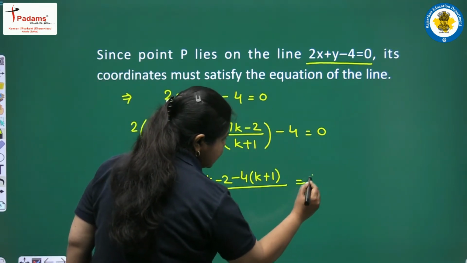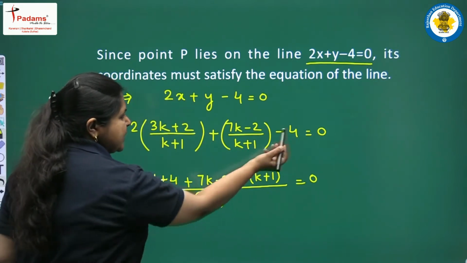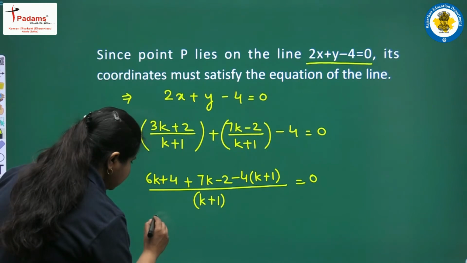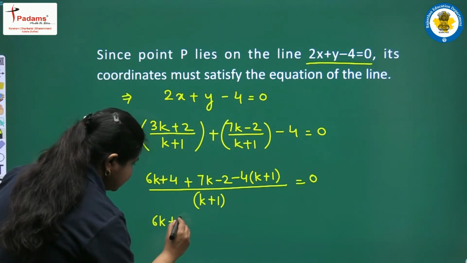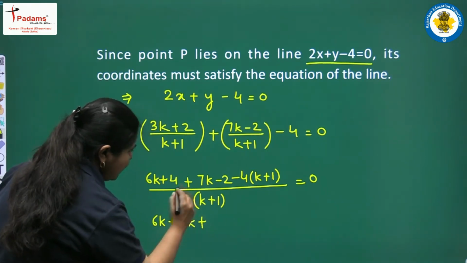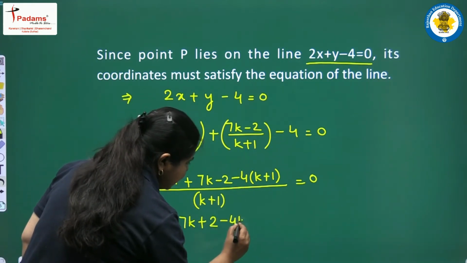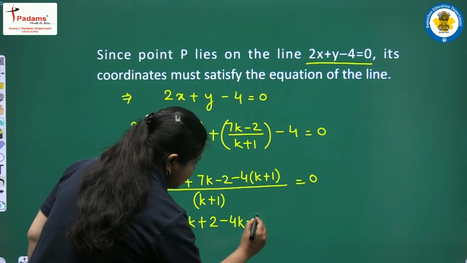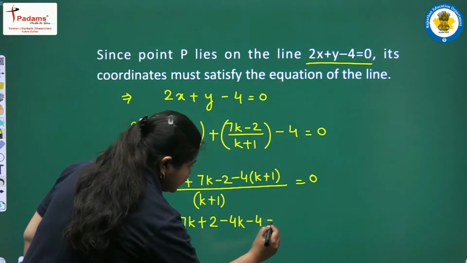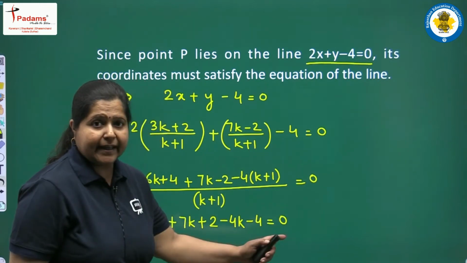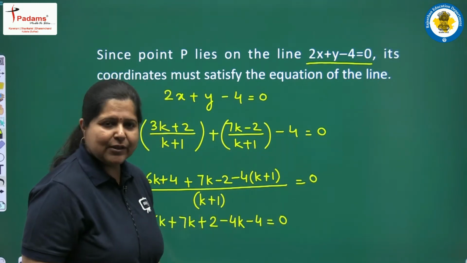All this will be equal to 0. Okay, k plus 1 got multiplied with minus 4. On simplifying, this will be 6k plus 7k plus 4 minus 2 will be 2, minus here we will have 4k, and minus 4 into 1 will be minus 4, and this will be equal to 0, because when you take k plus 1 to the RHS, it gets multiplied by 0 and only 0 remains.